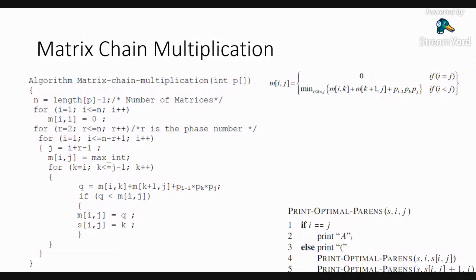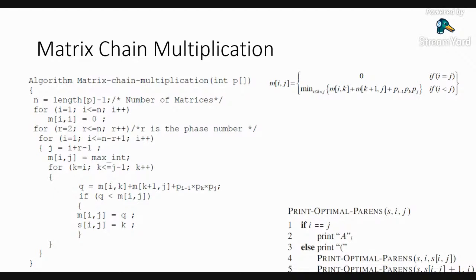Okay, and if q is found to be smaller than m[i][j], then we will just choose the minimum. So m[i][j] is equal to this q, and s[i][j] is equal to k. What is this s[i][j] storing? s[i][j] is storing the value of that k for which this entire expression is getting minimized.